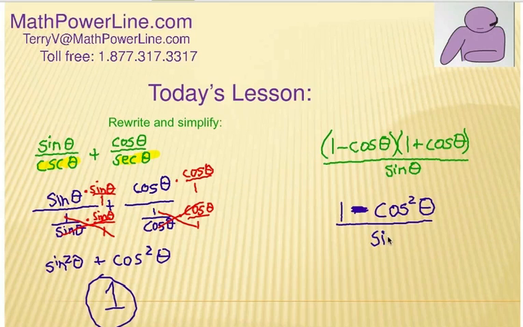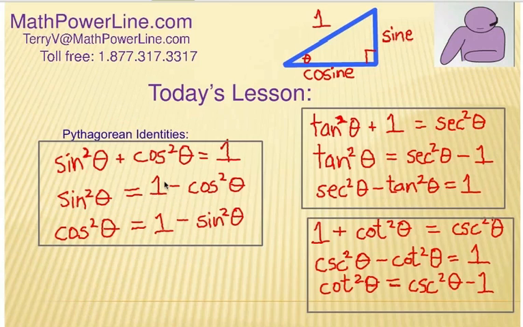So either memorizing or recognizing that that is something from a Pythagorean identity, let's take a look at that. And here it is. 1 minus cosine squared theta is really another name for sine squared theta. That's our Pythagorean identity, and that makes it very convenient.